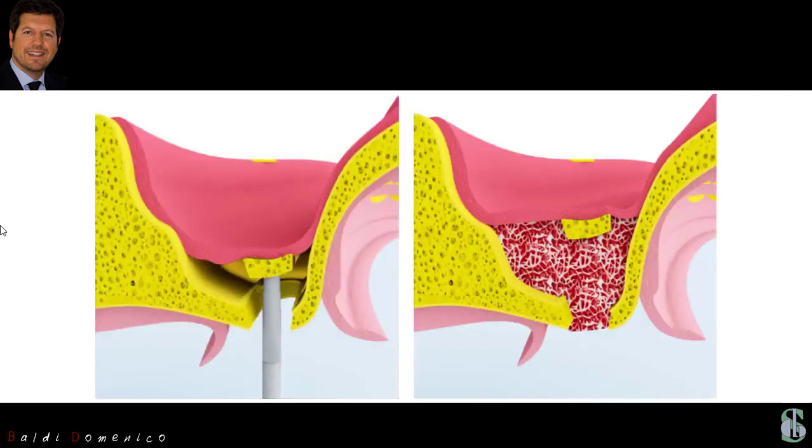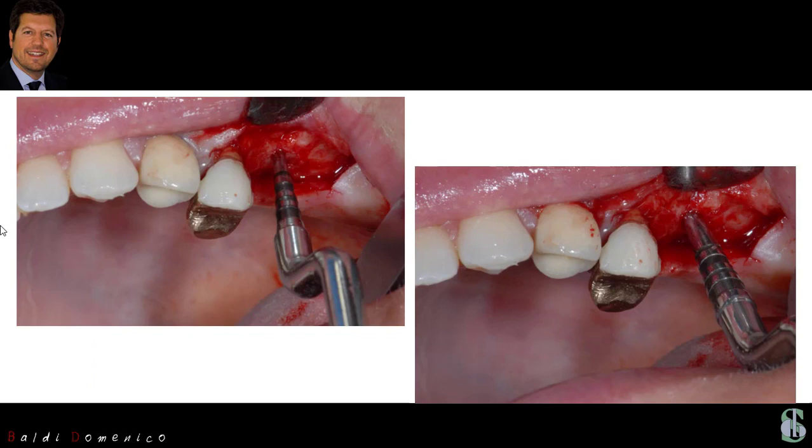Again, with this reproduction, we want to explain how it was possible to work with the magnetic mallet. And I want to show you another case where we use again the osteotome, first size of osteotome, in order to make the first perforation.